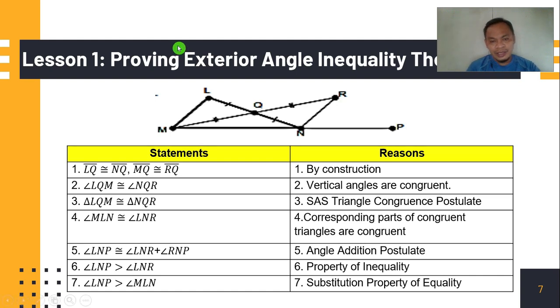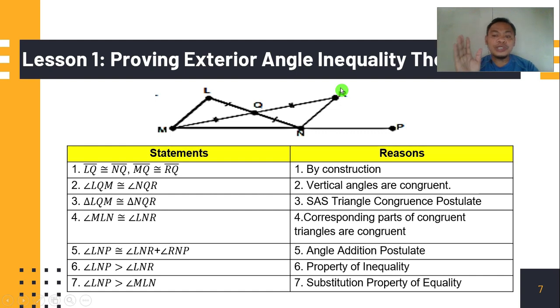Since this triangle and this triangle are congruent, they have two sides that are congruent, both triangles, and they have an angle that is congruent. So therefore, by such triangle congruence postulate, we can say that this triangle is congruent to this triangle. Next, angle MLN is congruent to angle LNR.